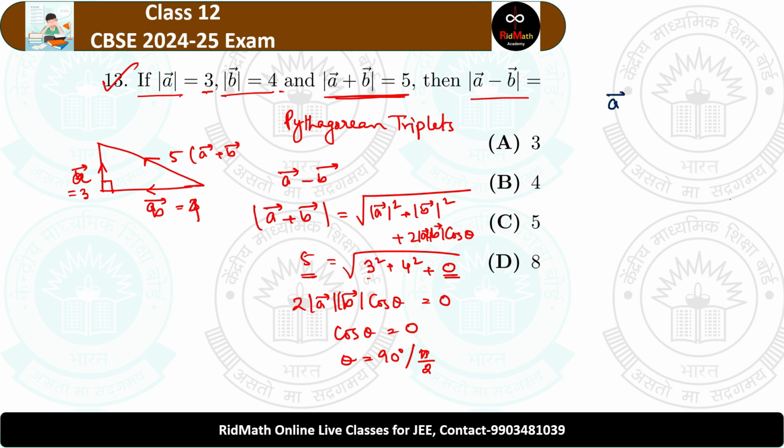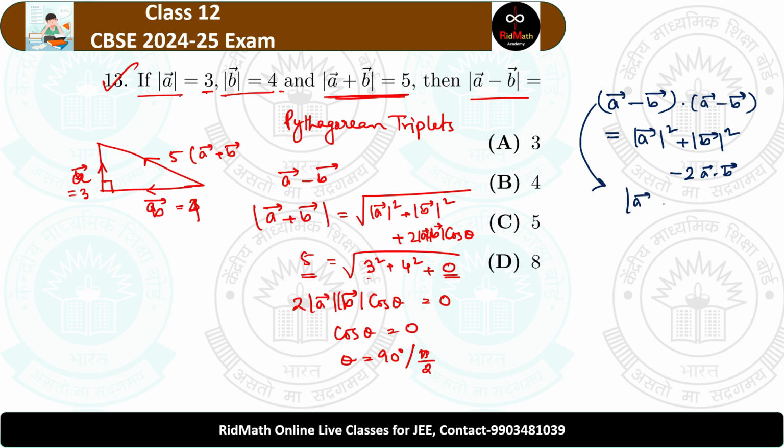So what is (A minus B) dot (A minus B)? This is equal to mod A whole square plus mod B whole square minus 2 A dot B, and this is also equal to mod of (A minus B) whole square. So this is equal to mod A whole square, which is 9, and mod B whole square, which is 16.